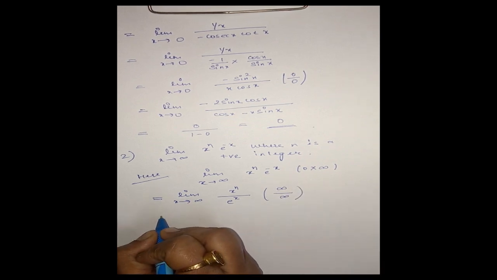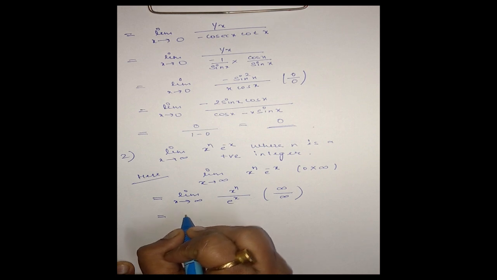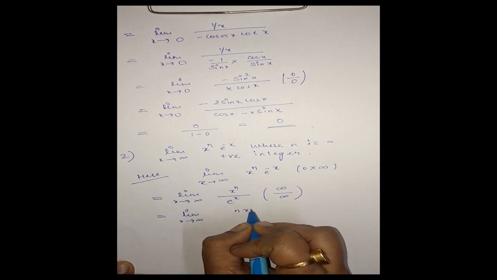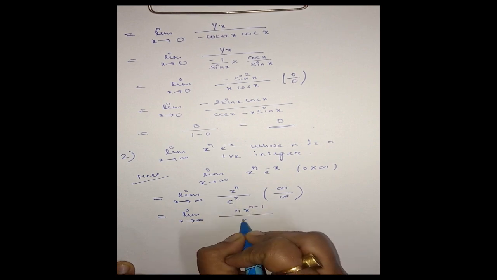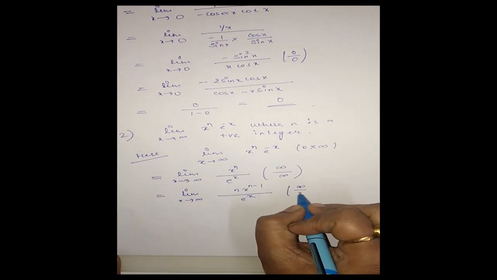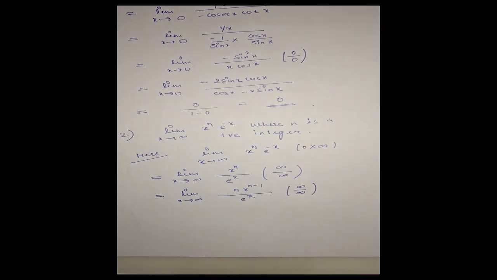Okay. Now applying L'Hopital rule, this is n into x power n minus 1 divided by e power x, which is again infinity by infinity form. Now we will apply L'Hopital rule n times here.